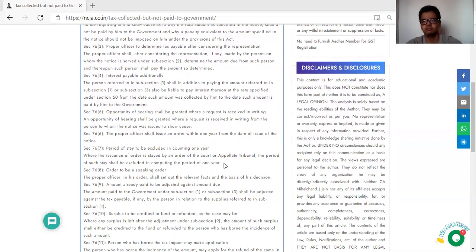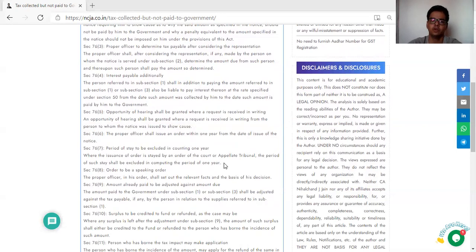Like, we are just in the COVID times only. So then what will happen? They say that such period of stay shall be excluded.